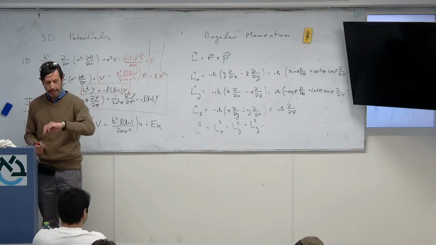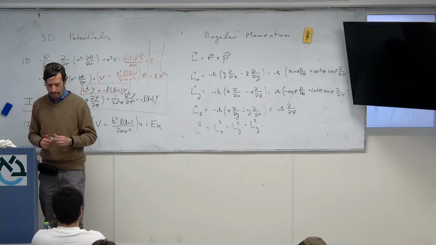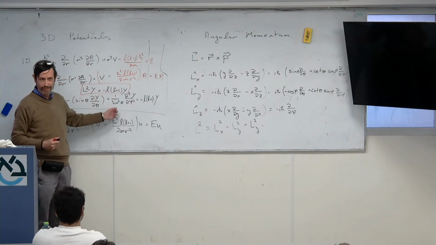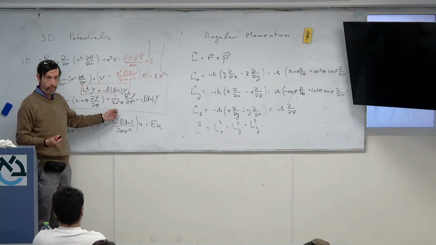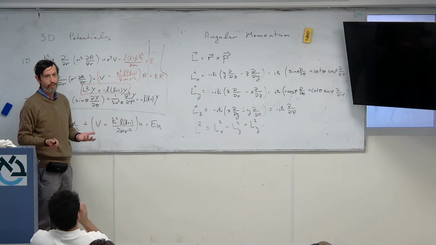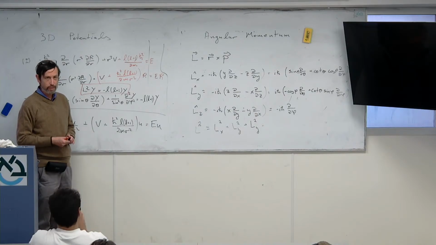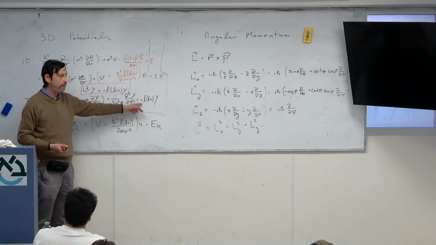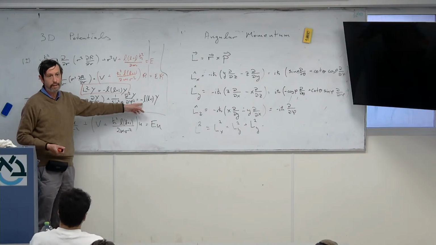And as usual, there's the mathematical way, go solve this equation. It can be done. There will be a physical way which we will define with operators, which will turn out, let's say, very easily to prove that L has to be an integer.